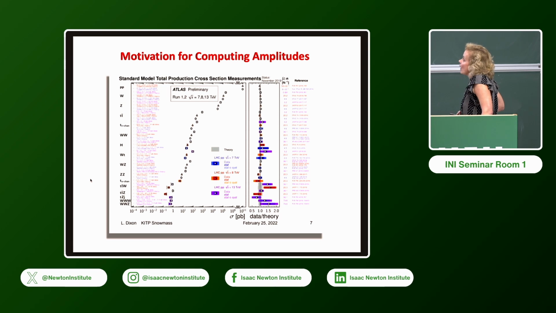But when the number of final states is 3, then we're talking about 5-point amplitudes. Once we deal with 5-point amplitudes, much less is known about them. And as you see, the experimental error is right here, and the ratio of data to theory, this gray becomes higher. That is because some of those amplitudes have not yet been computed. So that's the motivation, which comes from hardcore collider physics.